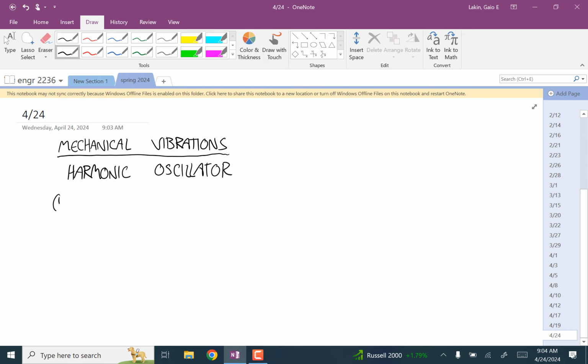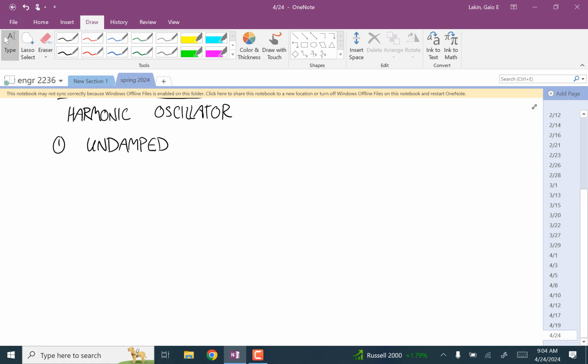And we're going to start out with an undamped case. And so that's a system that looks like this.